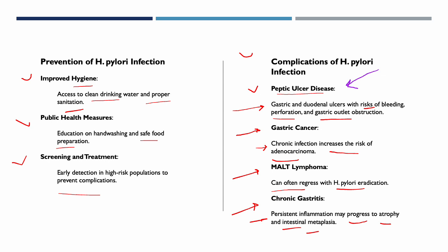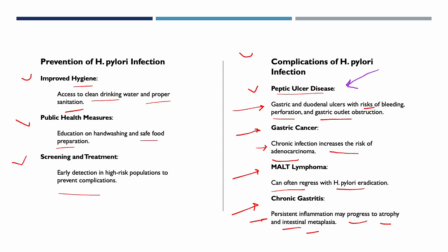and form ulcers. For example, a patient presents with epigastric pain and it improves with eating, right? Which was a classic sign for duodenal ulcer. We do an endoscopy and it reveals an ulcer in the duodenal bulb. And then we do a biopsy which confirms that it's H. pylori. Now, if there is continued erosion, it can lead to bleeding.